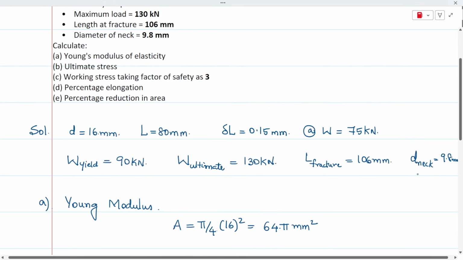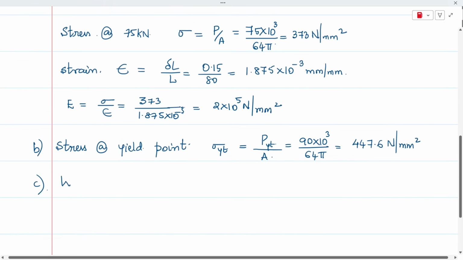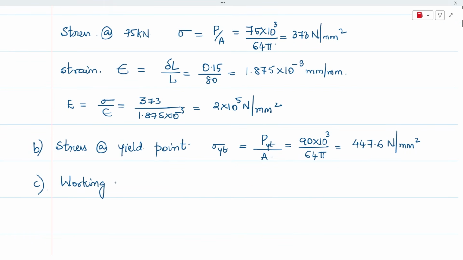Bit number C is working stress by considering factor of safety as 3. So working stress equal to how much considering factor of safety as 3? That is maximum stress is equal to maximum load divided by area of cross section.